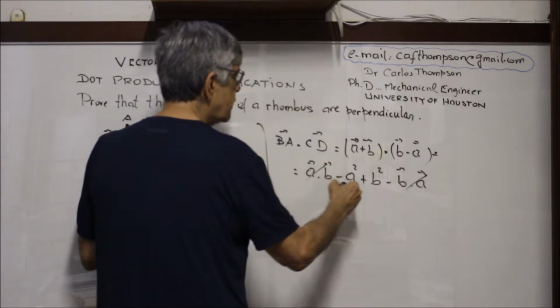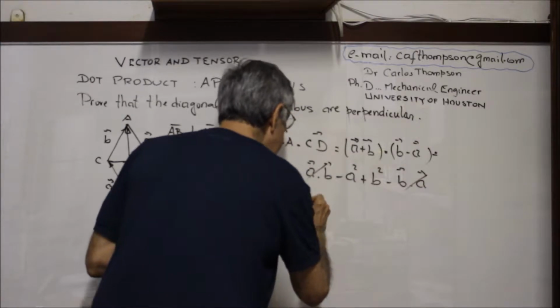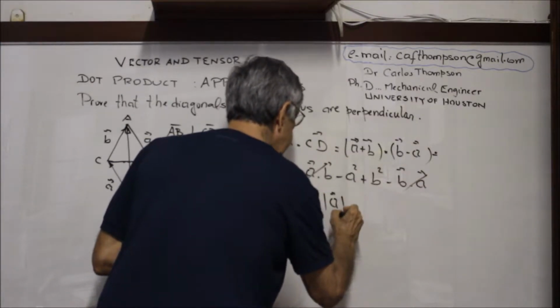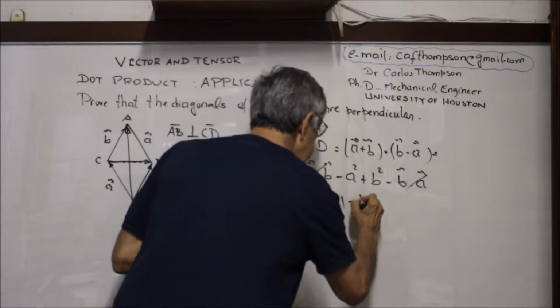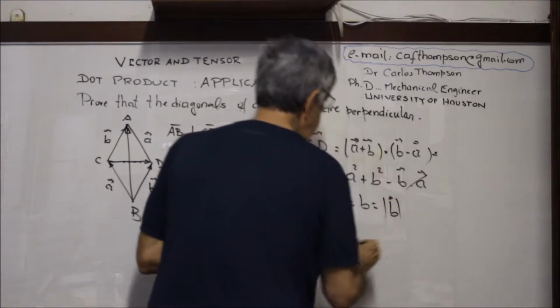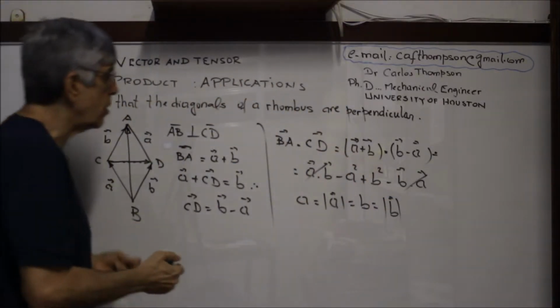and since A is the magnitude of vector A, which is equal to the magnitude of vector B, look, because in the rhombus all the sides are equal.